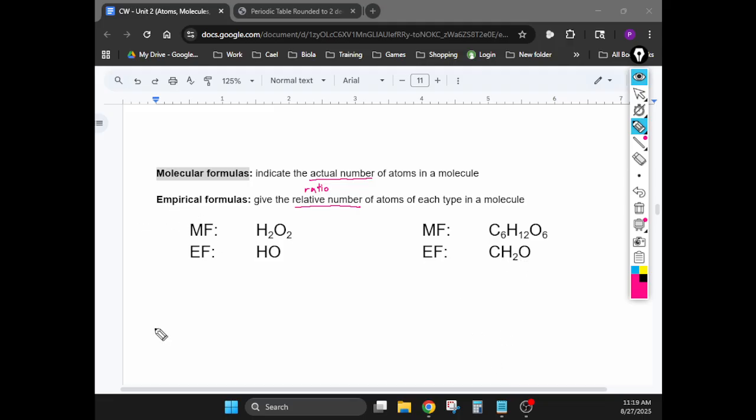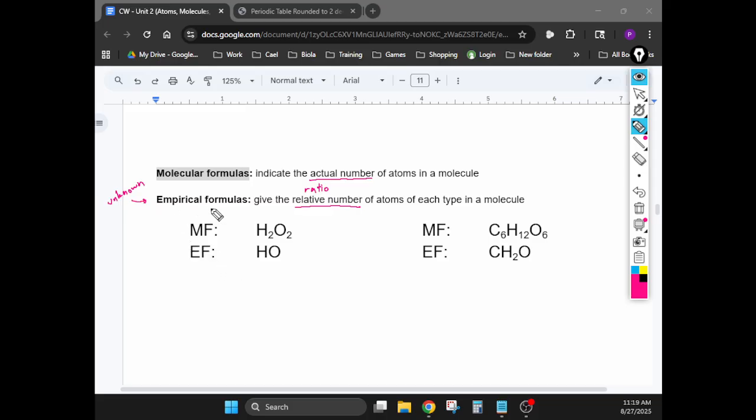Empirical formulas are ratios. Molecular formulas give you the actual number. Now, the question a lot of people ask is, why do we use empirical formulas then? The reason is when you're trying to find the formula of an unknown compound, when you know only the ratios or the weights of the elements. We'll talk about this more later.